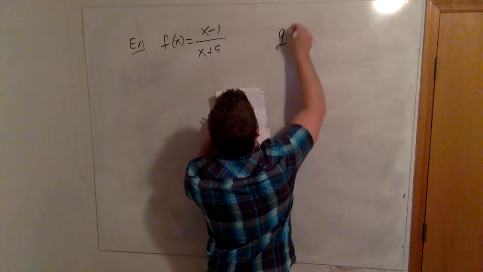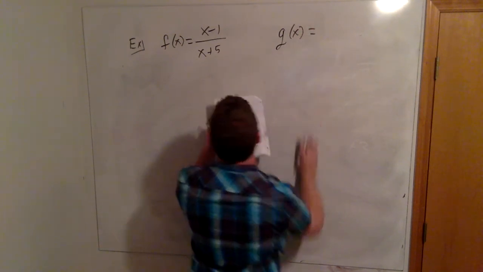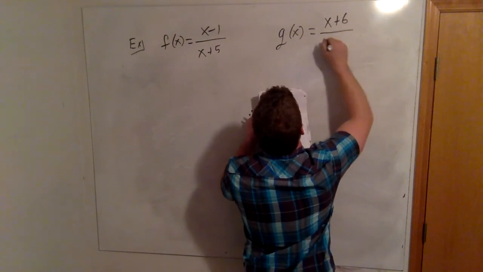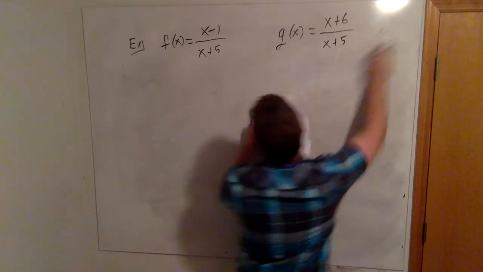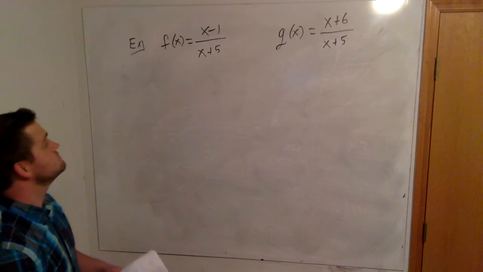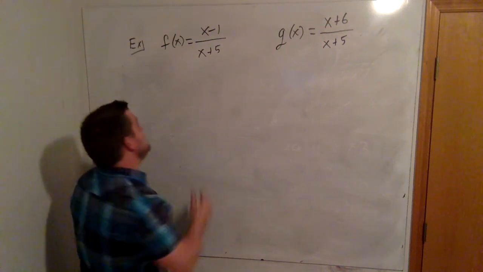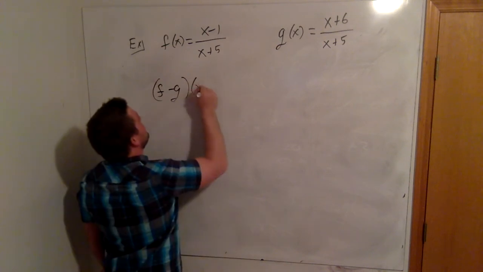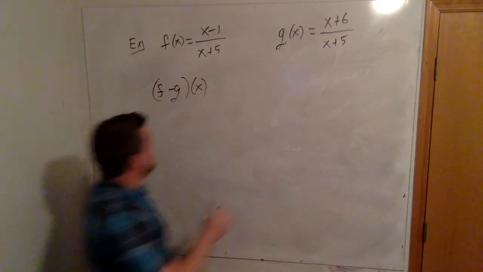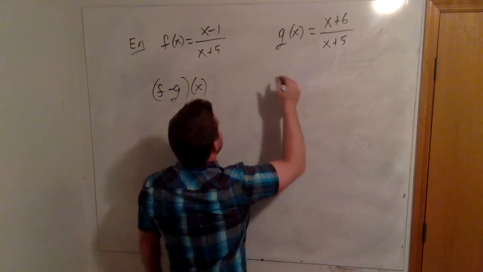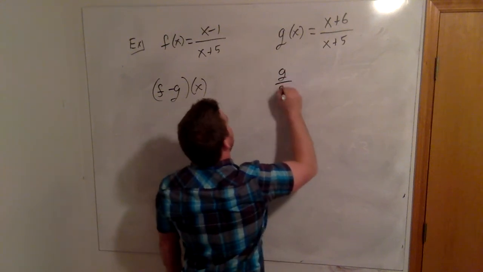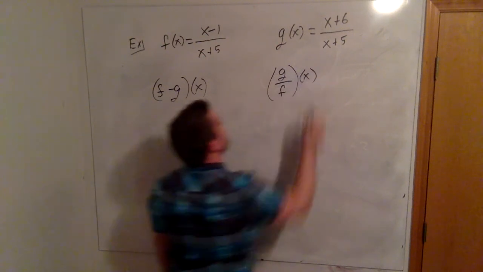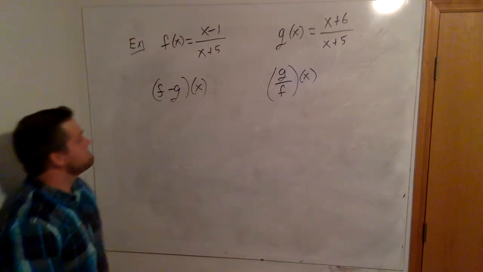And let's say we have that g of x is equal to x plus 6 all over x plus 5. What I would like you to compute is f minus g of x and find its domain, and also compute, how about, g divided by f of x. So go ahead and pause the video and give this a shot.